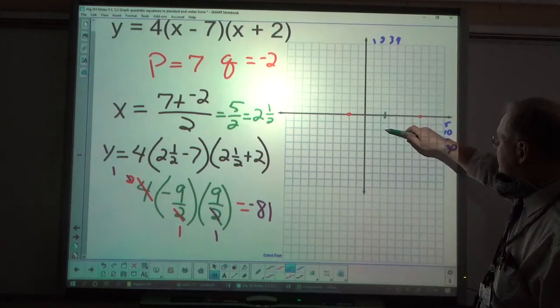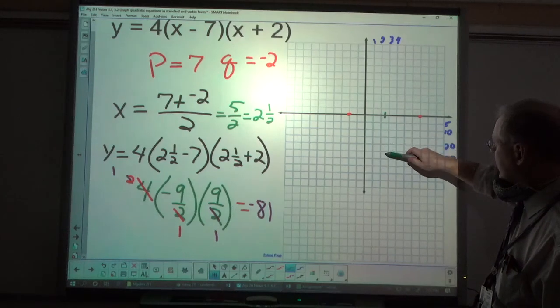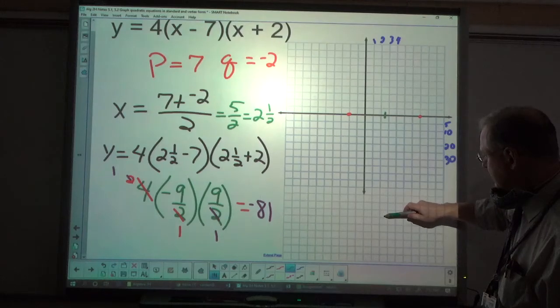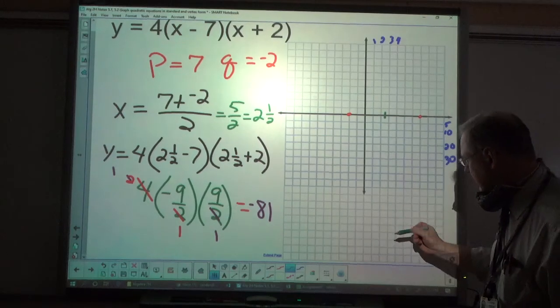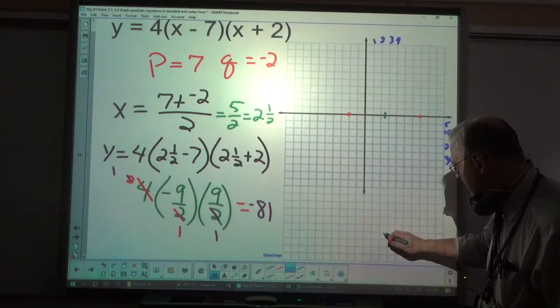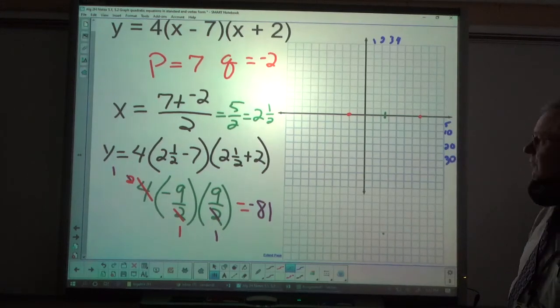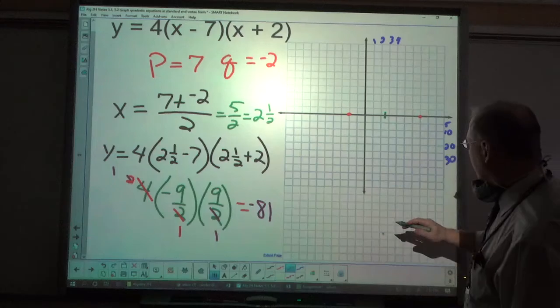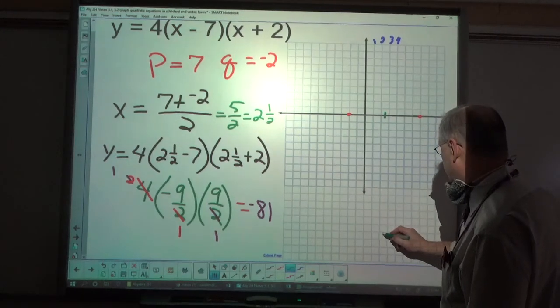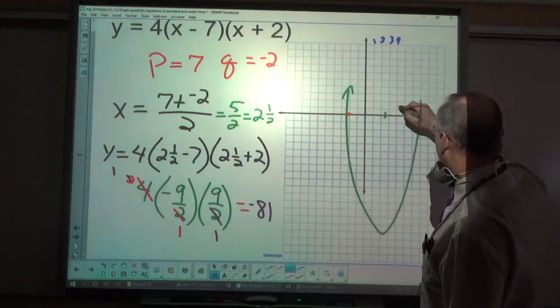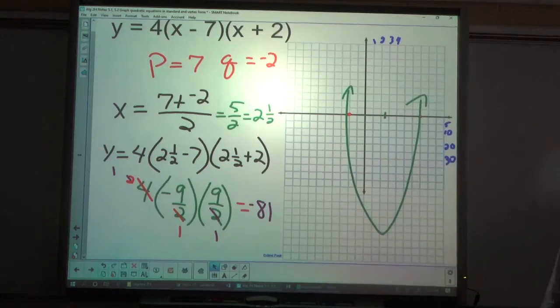So -10, 20, 30, 40, 50, 60, 70, 80, and just a tad bit more. Wow, that's not easy to graph. And I'm not going to bother to get any more points, but I can do this, and that's a good enough sketch for what we're doing.